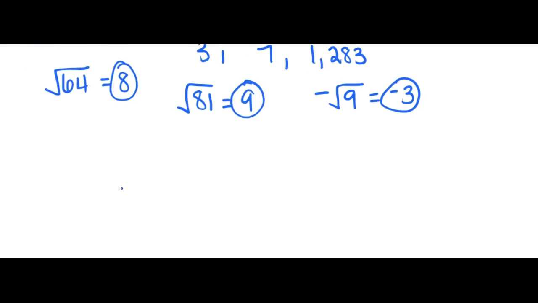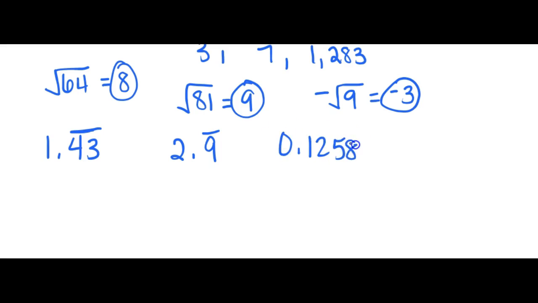And we can have our repeating decimals, so 1.43, where we repeat the 43, 2.9, where the 9 repeats, 0.1258, where the 1258 repeats. These are all rational numbers. It's kind of nice.